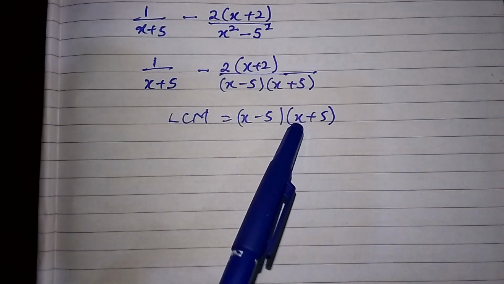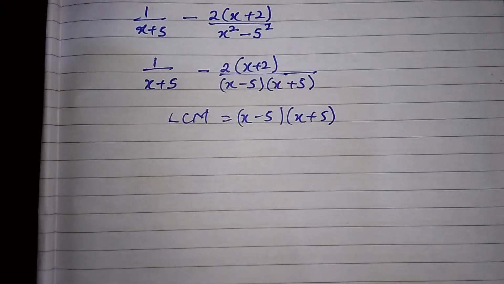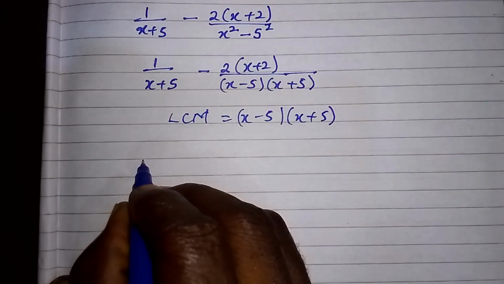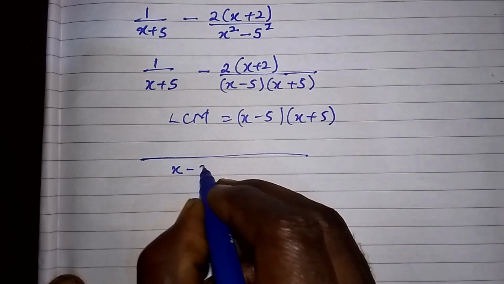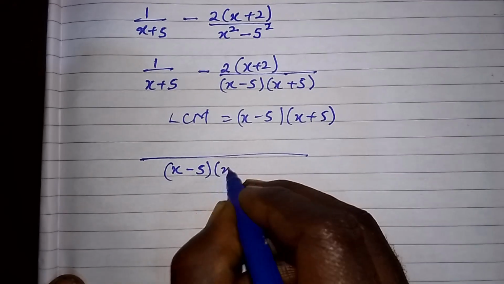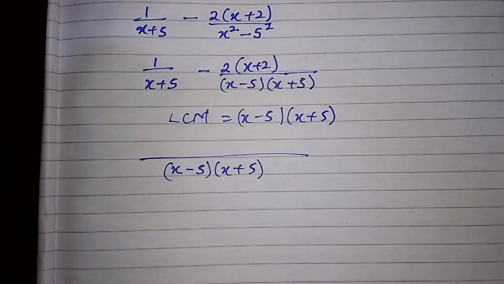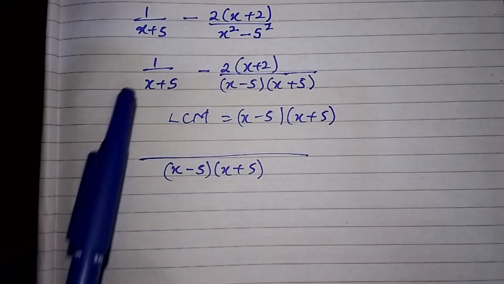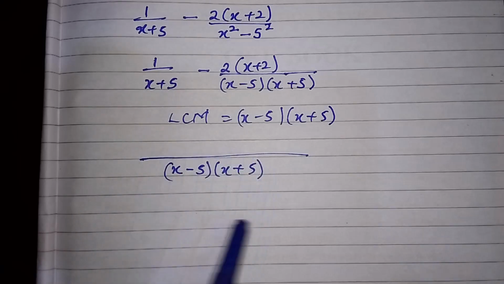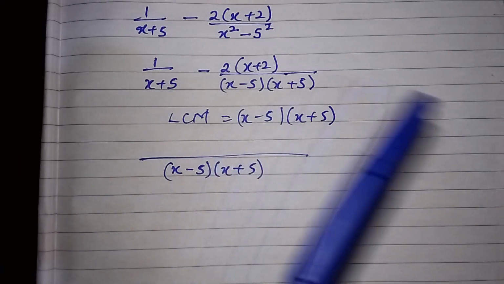Now with this as the LCM, for algebraic fractions, what we do, we divide through by the LCM, just like we do for normal fractions. x minus 5, x plus 5. We consider the first part of the fraction here. Now x plus 5 goes into the LCM x minus 5 times.